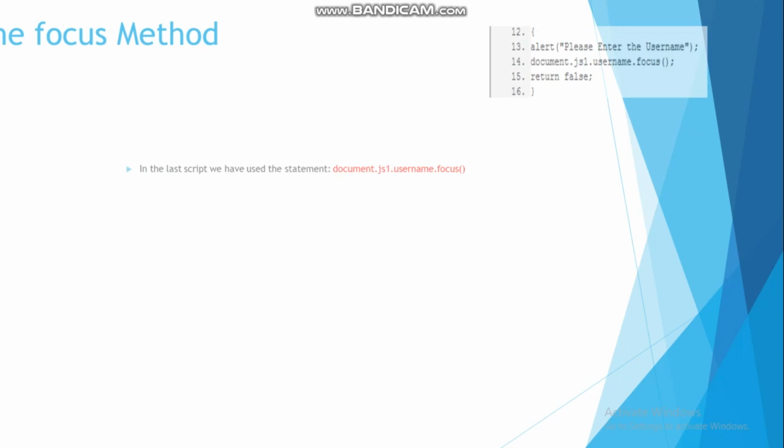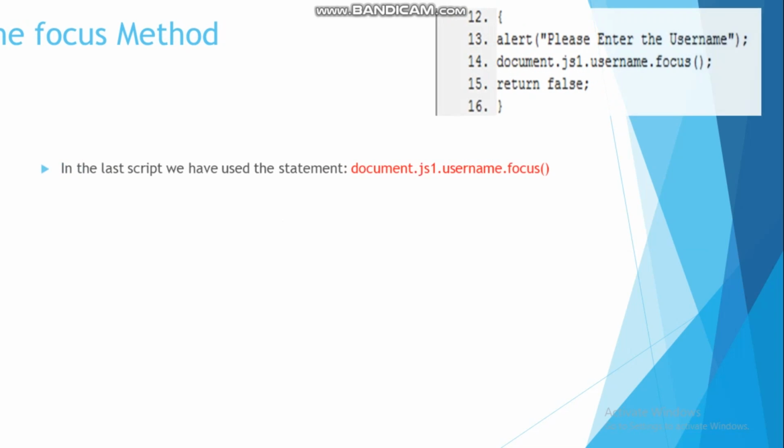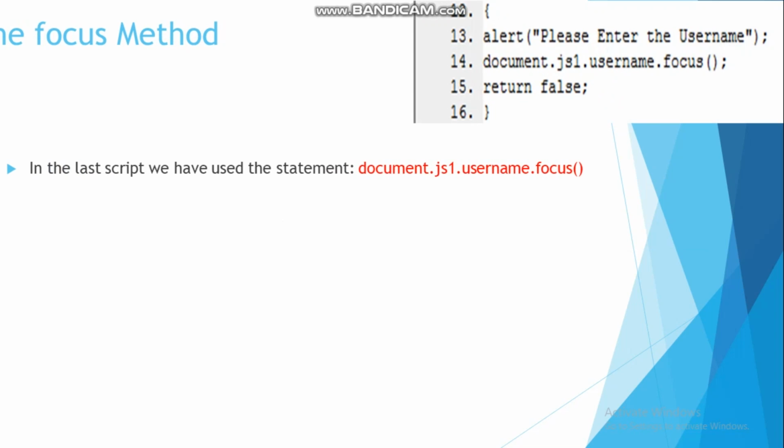Now ahead, focus method. Either you can say method or function. In the last script, we have used the statement document.js1.username.focus. Remember here, js1 is the name of form that we have created.